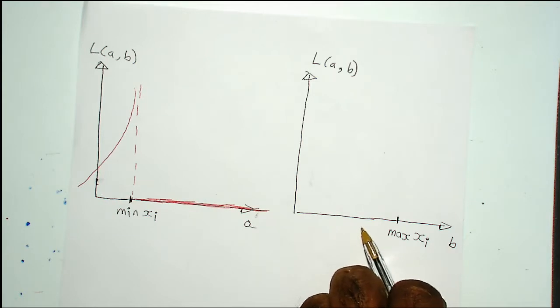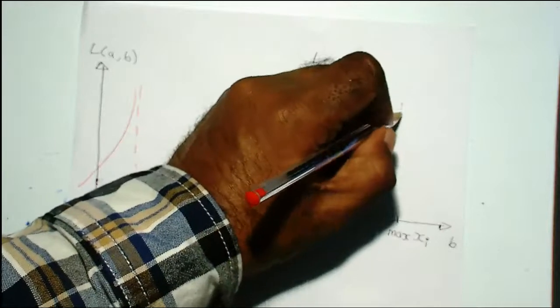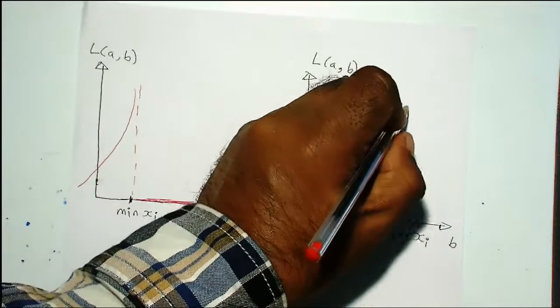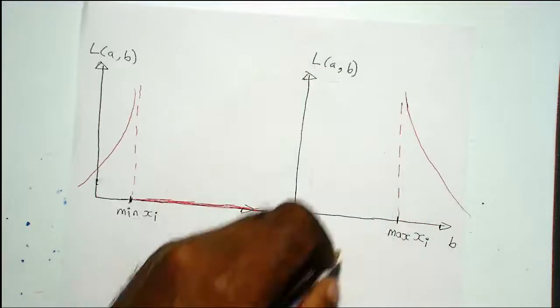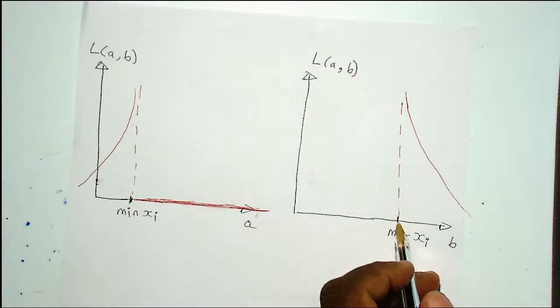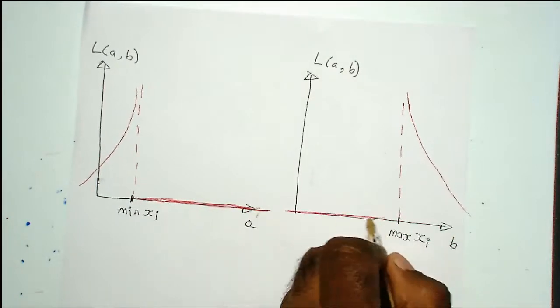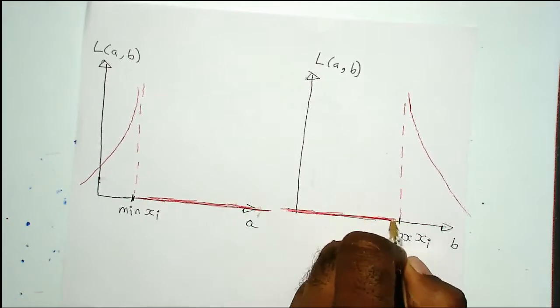But on the other hand, we must have b greater than or equal to the max of xi. Therefore, the graph will look like this. It will be a decreasing function following this point, and before this point, it will be zero.